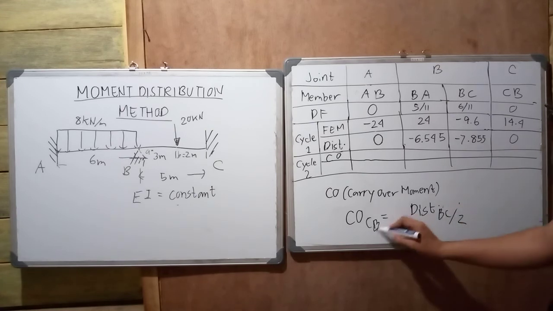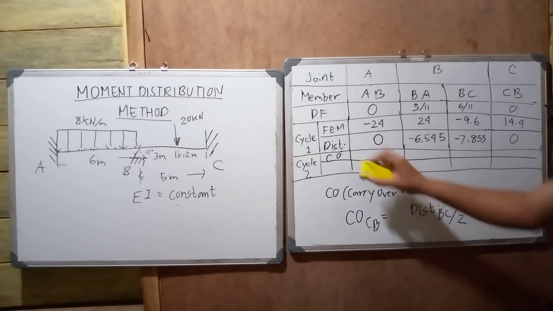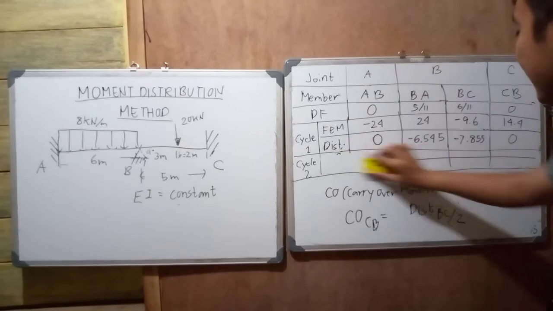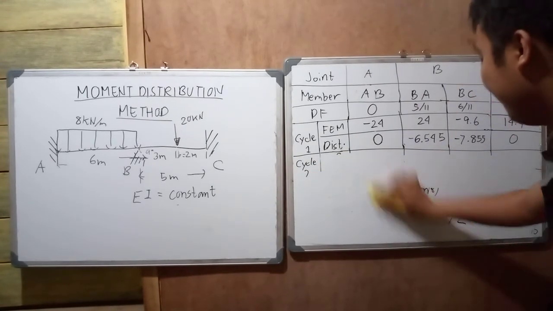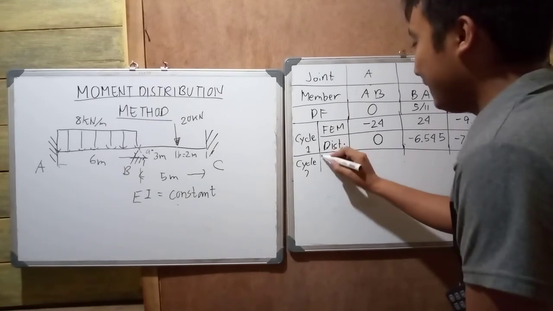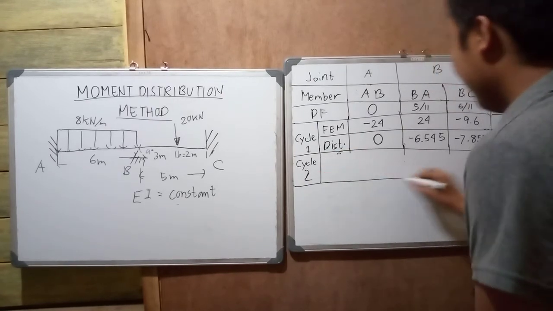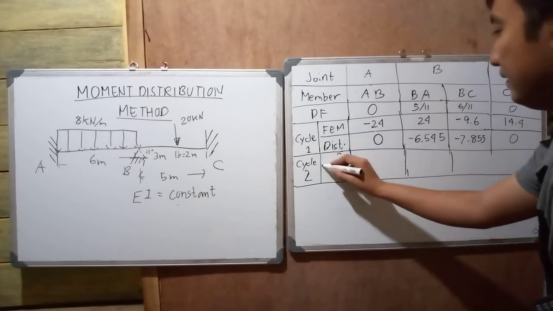So, ibig sabihin yung kabaliktaran niya ng pangalan, yung i-divide mo ng 2 yung distribution para yun, at therefore, yun na yung carryover moment mo, okay? Lakihan natin kasi medyo maliit. Okay? So, sana nag-gets nyo? Okay. Yan.